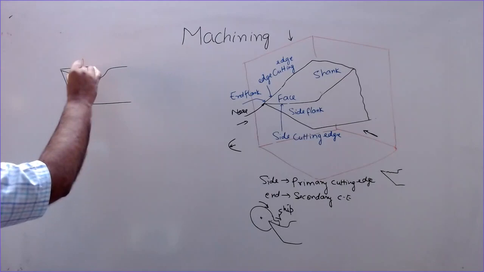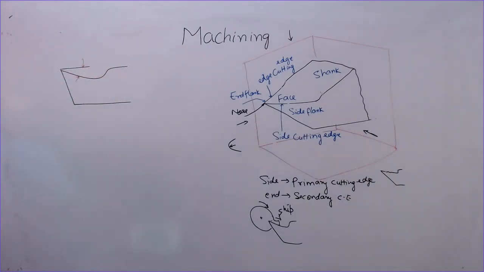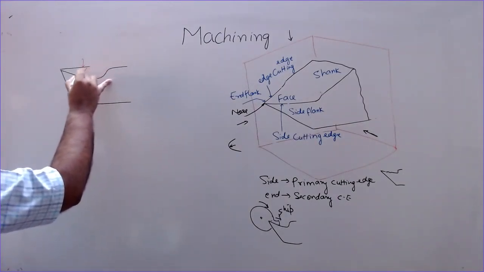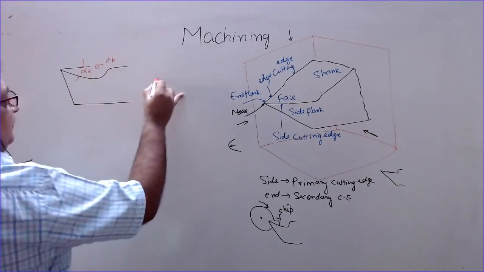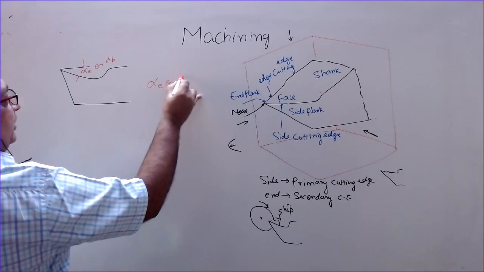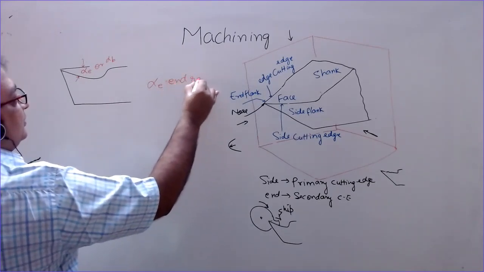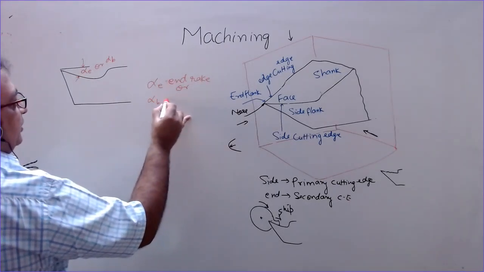From this horizontal plane it is inclined, and this angle of inclination is known as end rake or back rake, alpha E or alpha B. This is the end rake, or alpha B, back rake.